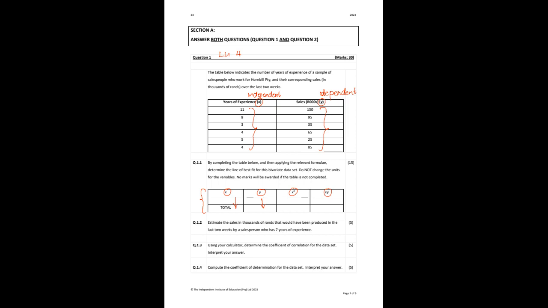And then XY, literal to the words XY. Remember, when there's no sign between your variables, it's a given that it's multiplication. So it's each X value multiplied by the respective Y value. So literally just multiplying them.